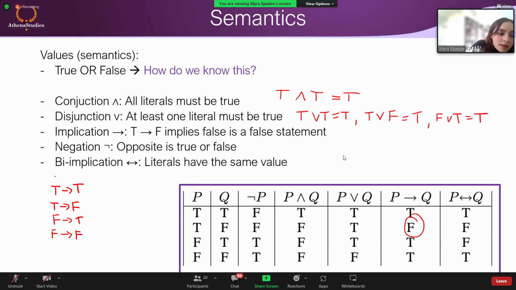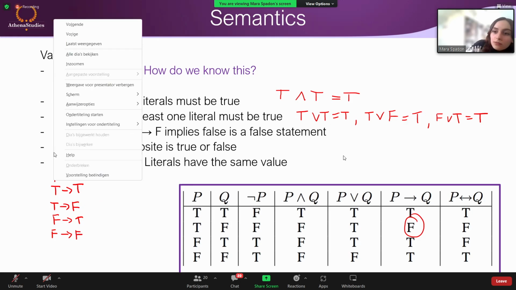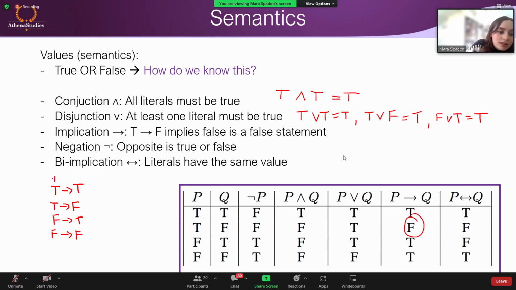The way that I remember what the outcome for the implication would be is as follows. This first value will indicate, did I study, yes or no? And this next value indicates, did I pass my exam, yes or no? If I studied and I passed the test, then that makes sense, right? Then I'm happy. So I get a true value.